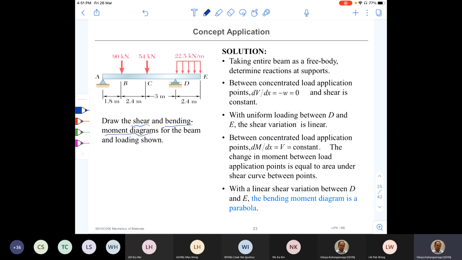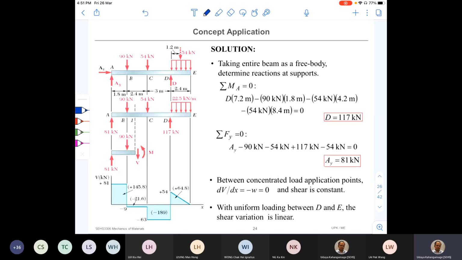Whatever the method we are going to use, the first step is to draw the free body diagram for the entire beam and then find the unknown reaction forces. Go to the next slide, and there you can see how I'm drawing the free body diagram.